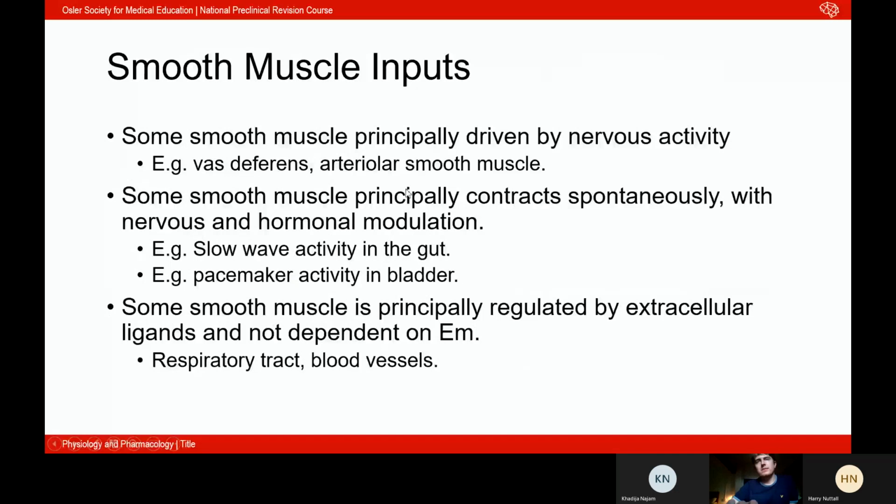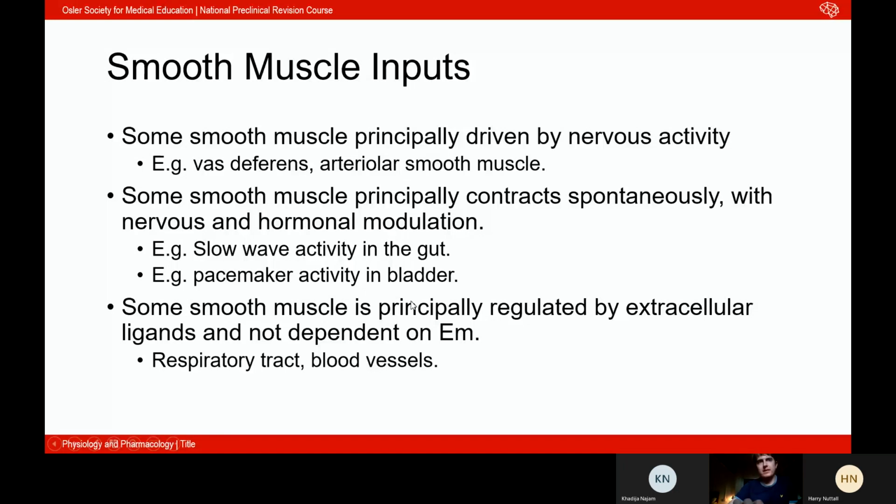Some smooth muscle principally has spontaneous contraction with modulation by these different nervous and hormonal factors. And this includes the gut. The gut is constantly spontaneously contracting and moving food along in peristalsis. And an important substrate of this is the slow wave activity.